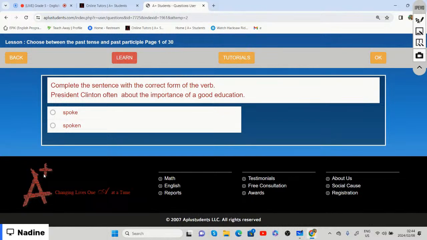President Clinton often, do we say spoke about the importance of good education? Yes. So we're going with the first one, which is he spoke about the importance of good education.